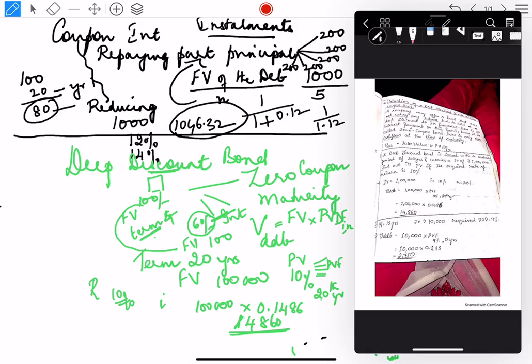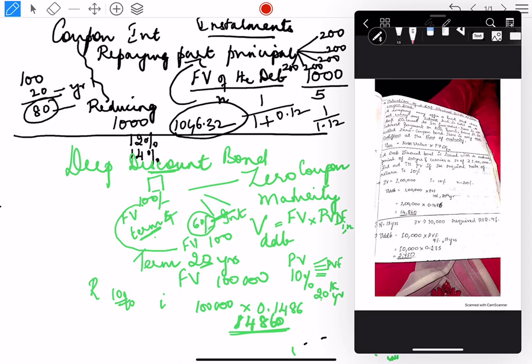It means that this particular investor, for him, with his expected rate of return of 10%, today if this particular deep discount bond is available at this price, he will not mind buying it because it suits his required rate of return. He is willing to get a face value of 1 lakh after 20 years. Okay.